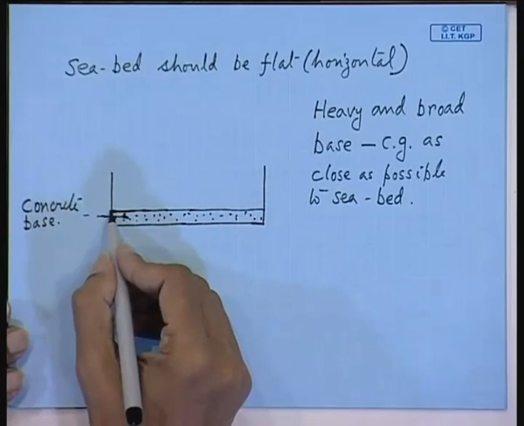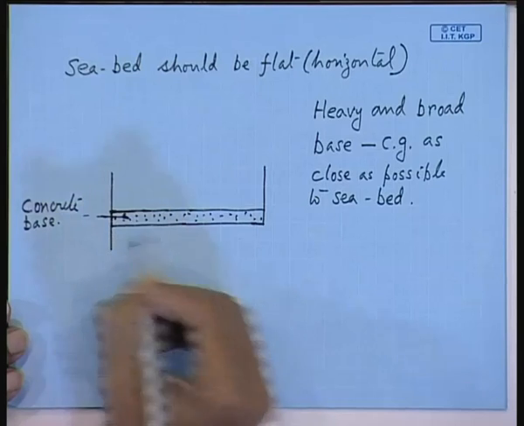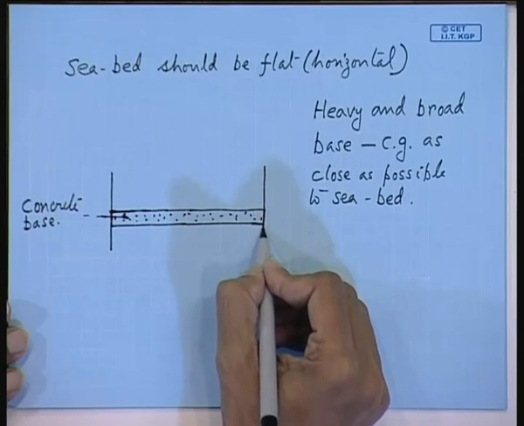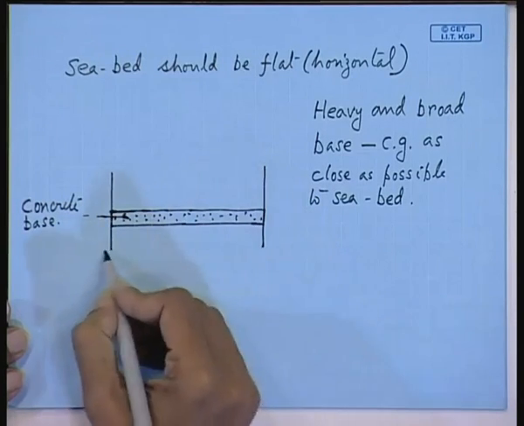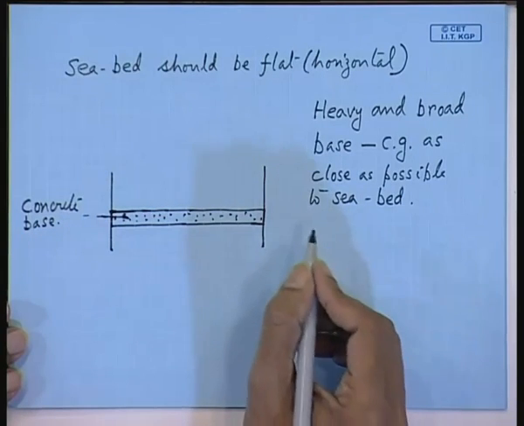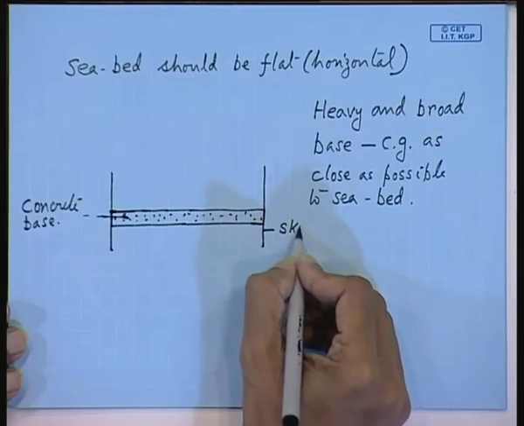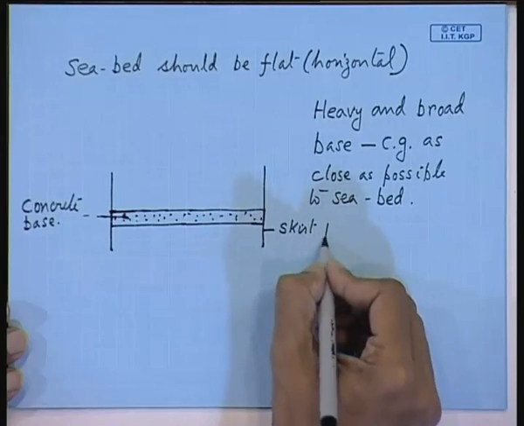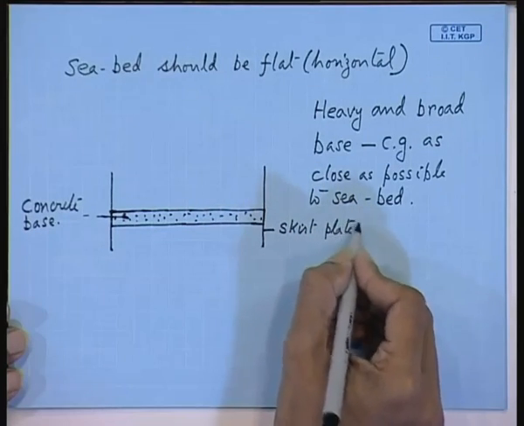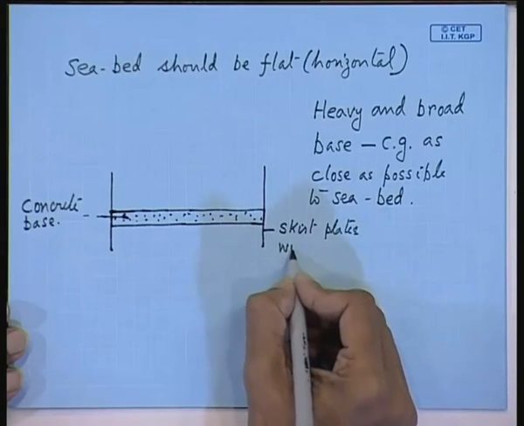Now, on the periphery of this base, steel plates are attached. So, you have large steel plates, and these are called skirt plates, with dowels.